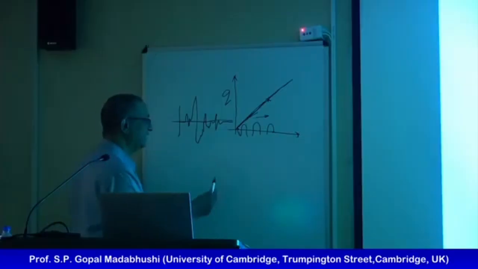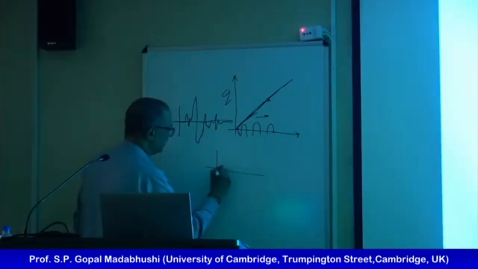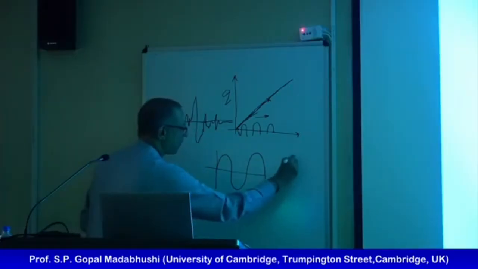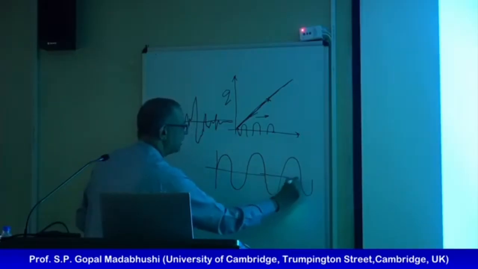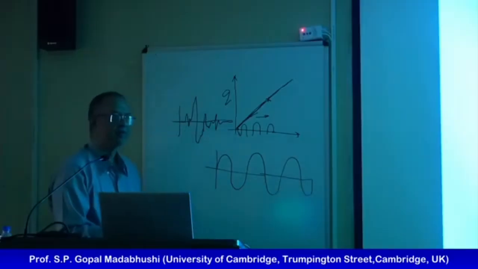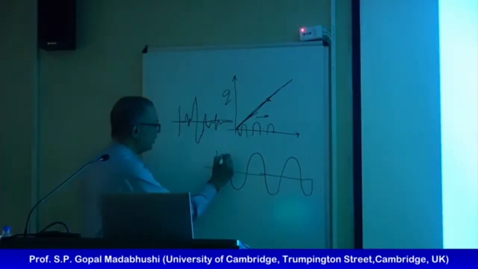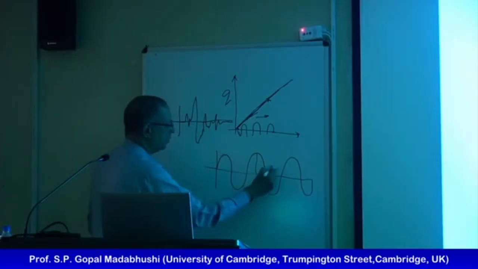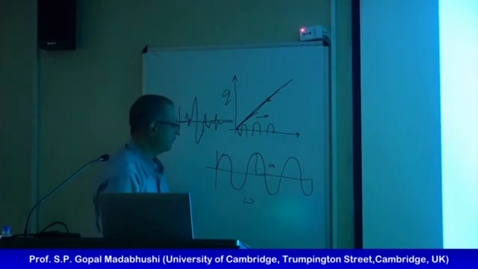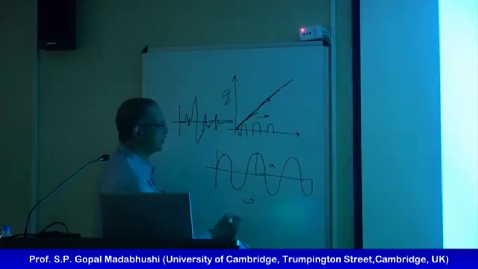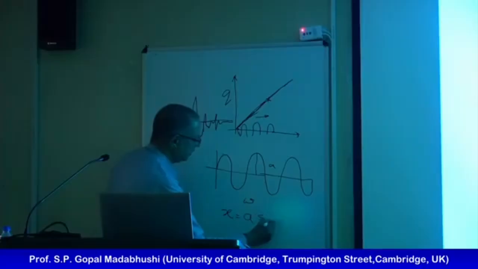Oh, great. Let's say I'm only going to consider a nice sine wave like this. So that is my input motion. This kind of motion can be characterized by amplitude A and the frequency omega. So then I can write my displacement as A sine omega t.